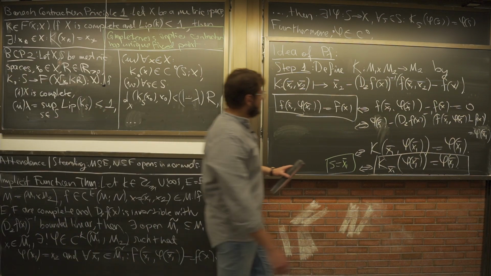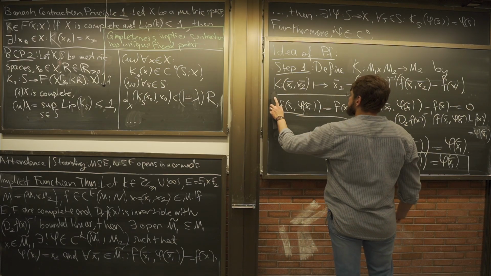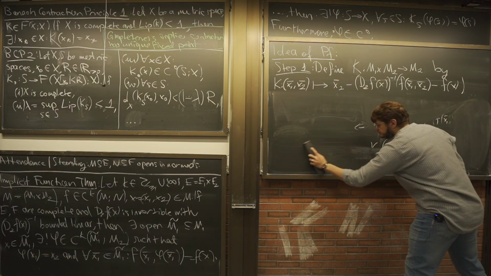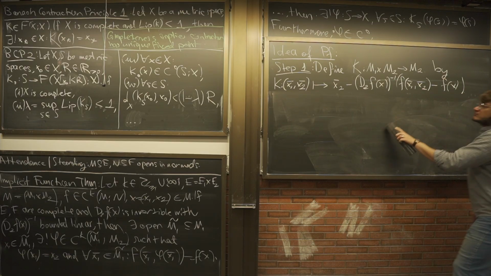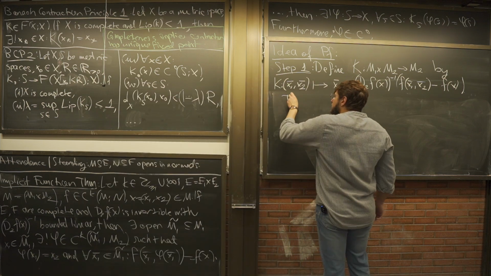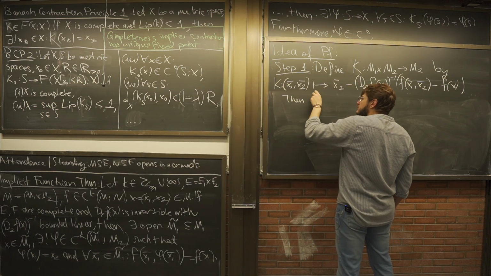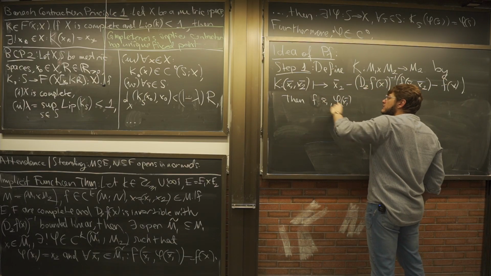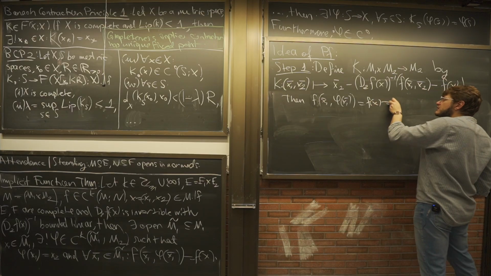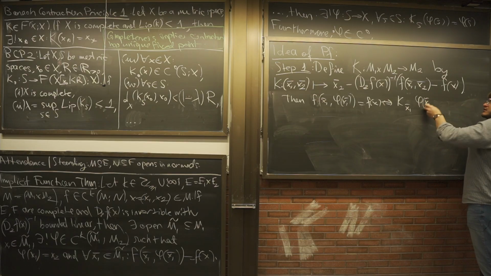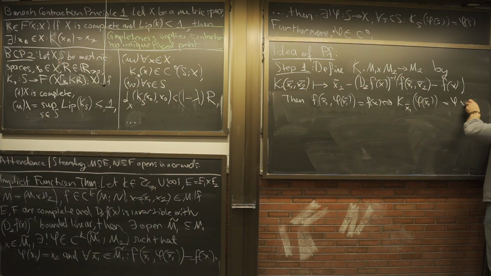So let me concatenate this by just saying that this is equal to f of x if and only if k sub x1 bar applied to phi of x1 bar equals phi of x1 bar.